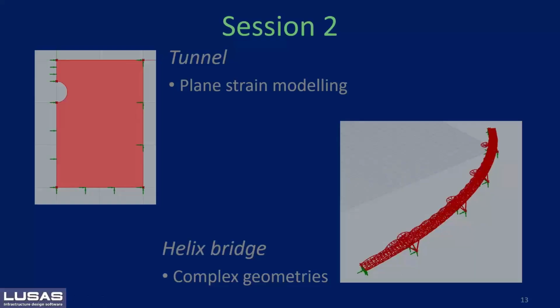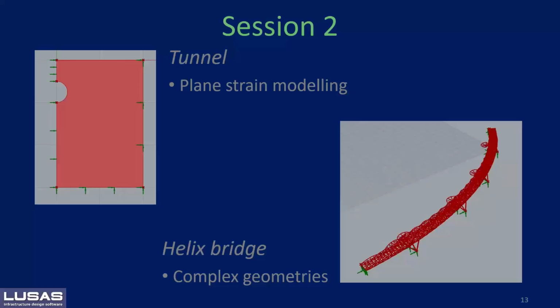Okay, thanks for that. So we're going to move on to session number 2 now. With what we've done in version 2, there's a few things we want to highlight to you as well. We've got a geotechnical example in this next session.